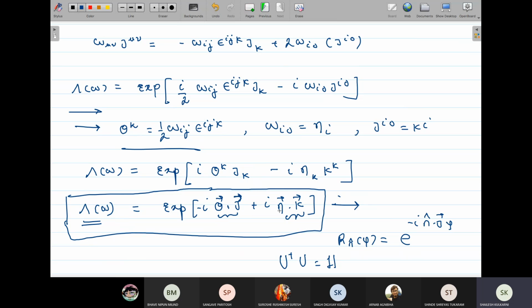But if you consider no rotation and only boosts, you cannot construct a unitary representation or unitary form for these matrices.